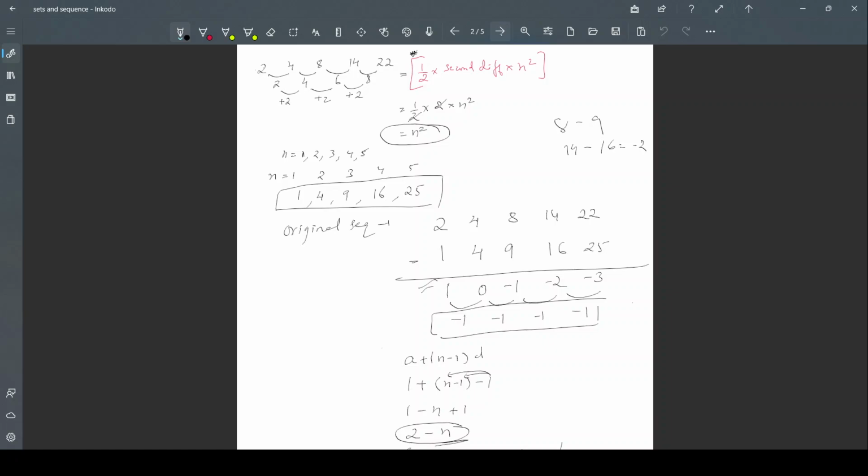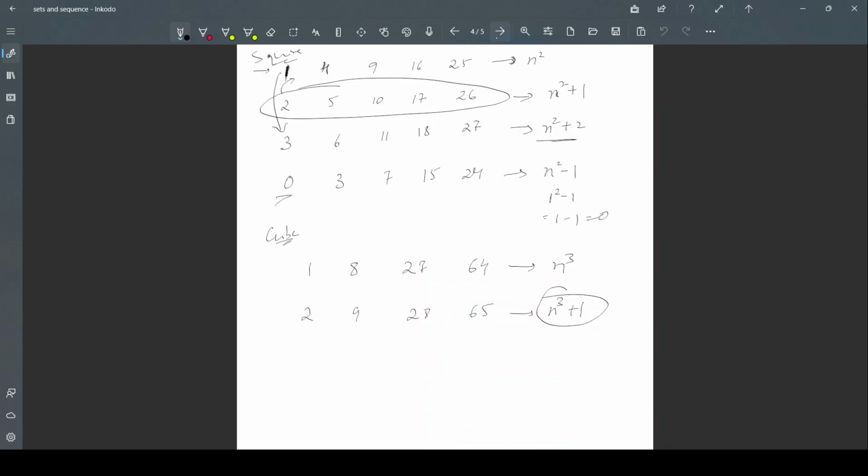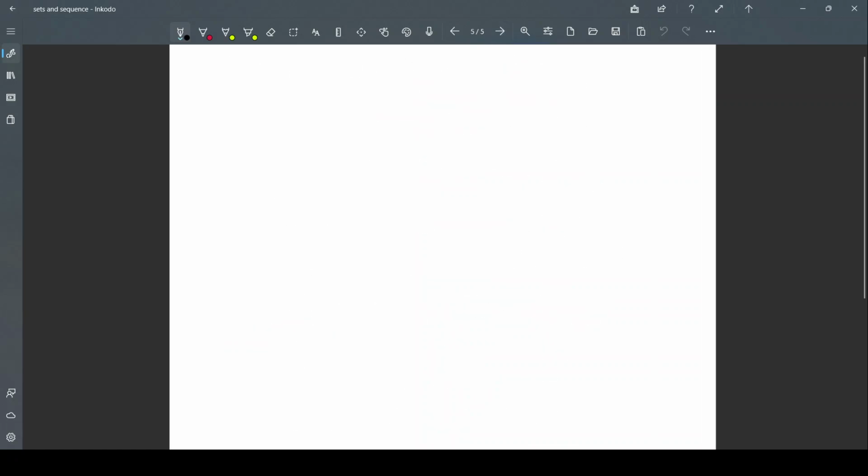So you have to check for these numbers which type of question it is. And the last thing that I'm going to discuss is the ratio method. The ratio method is also very important. Let's say if I have a sequence like 8, 16, 32 and 64.